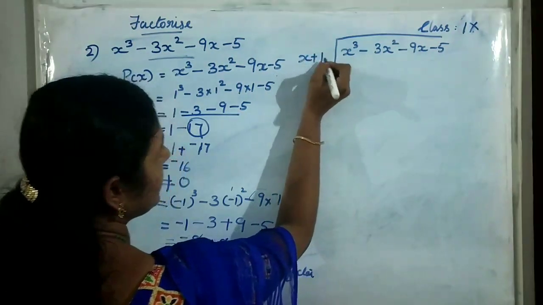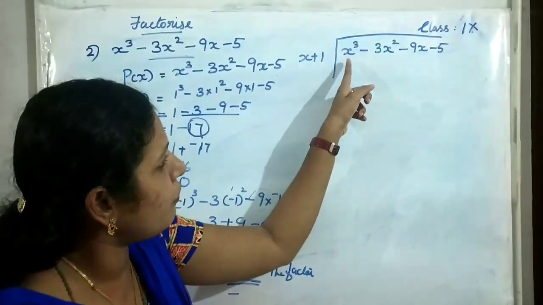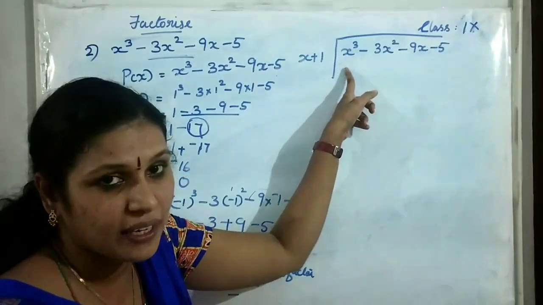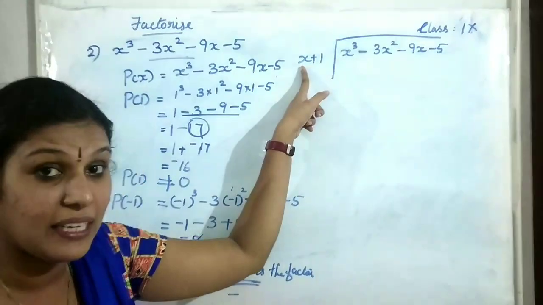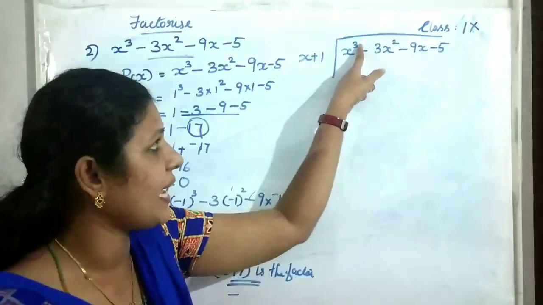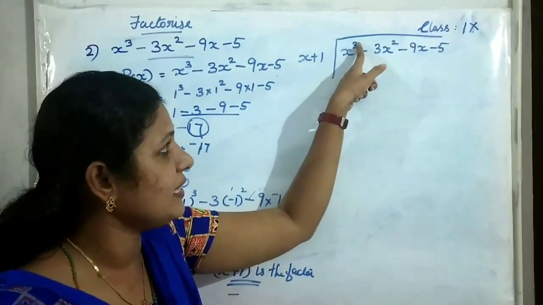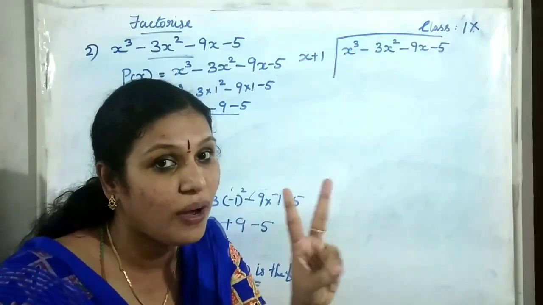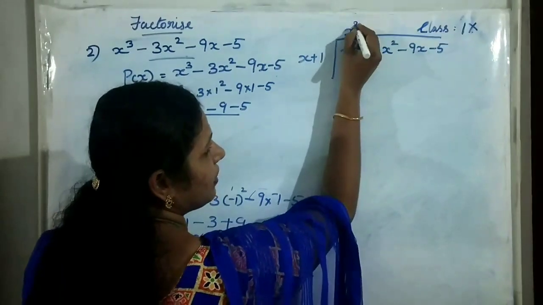First we need x cube here. So which term is multiplied with this x to get x cube? Here it is x raised to 1, so for getting x cube we need x square. Understood? So x square is the first term.